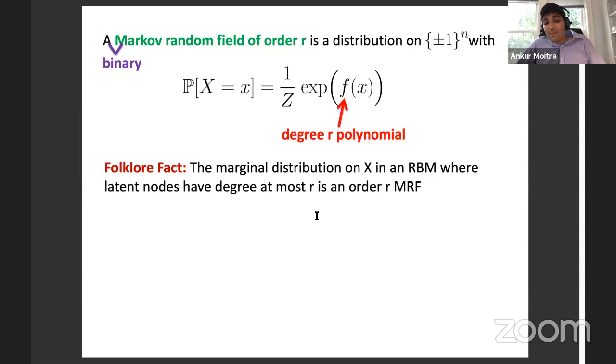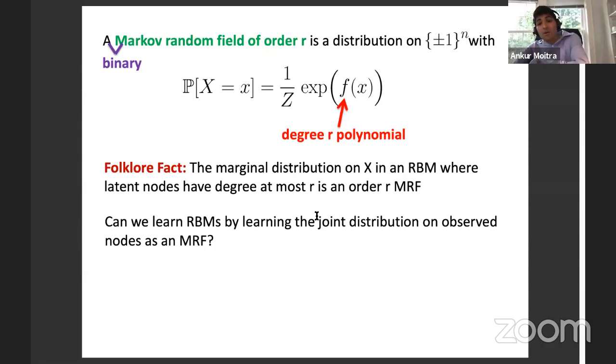And that creates something that for sure fits into the class of order R binary Markov random fields. So there's something trivial we could do for trying to learn restricted Boltzmann machines of bounded degree. We could just try and learn their joint distribution on the observed nodes as a Markov random field.